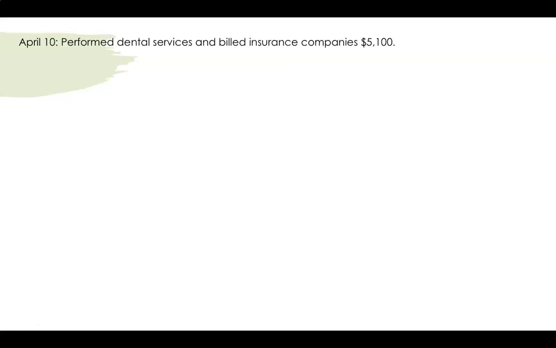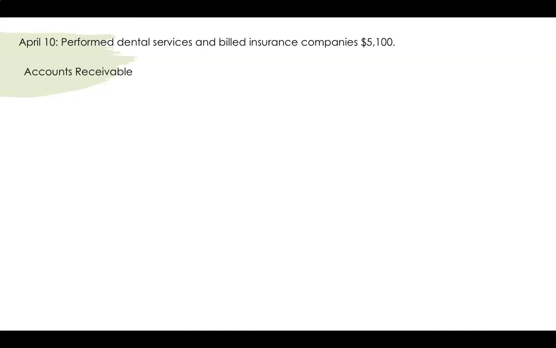Now on April 10th, you performed dental services and billed insurance companies $5,100. So whenever we see that we performed services, that's telling us that we're going to need to record our service revenue. And then it tells us that we billed insurance companies. So that means that we aren't getting paid right now for these services that we performed, but instead we will be paid later.